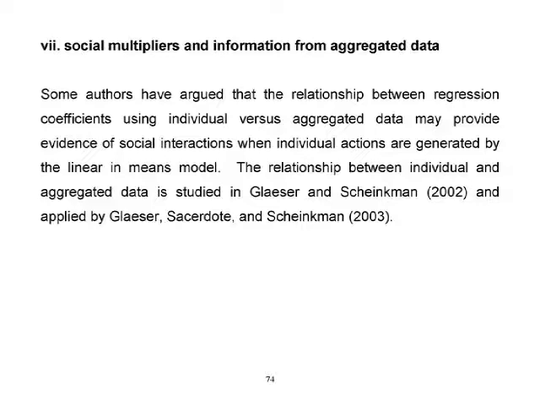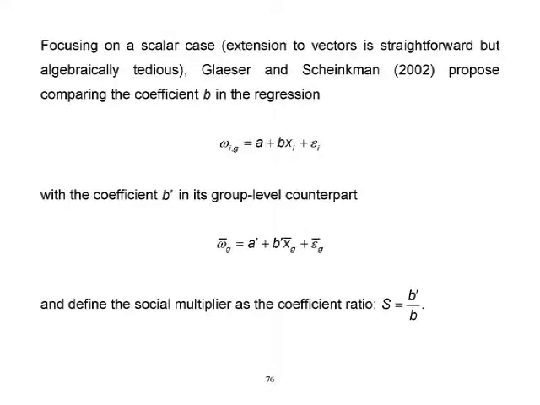At the individual level, I run a regression of outcomes against x's, and I get a coefficient b. I can do that within and across groups. Then I aggregate the groups, and I regress the group average outcome against the average of X. And the argument is that what they call the social multiplier is the ratio B hat to B.